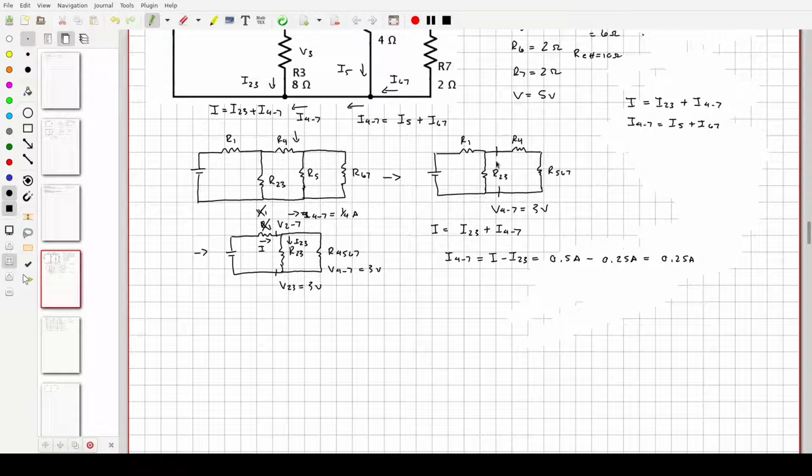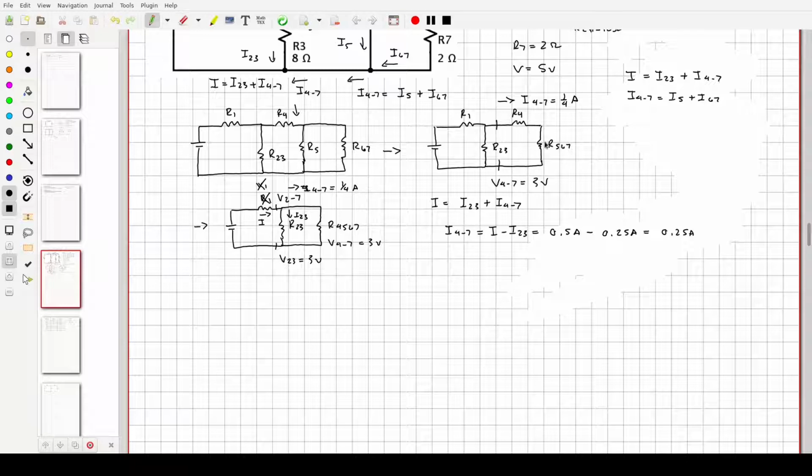So you can treat this almost as though it's the source voltage, which means that some percentage of the 3 volts is going to be across here and some percentage of the 3 volts is going to be across here. We also know from the previous part how much current is flowing through this part right here. How much is it? It's 1/4 of an amp. Now we have two resistors that are in series with each other, and finding their properties is very easy, because it's just simple Ohm's law.